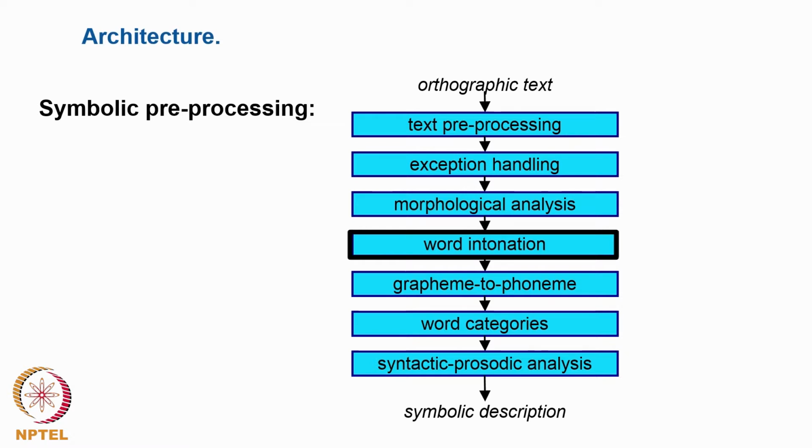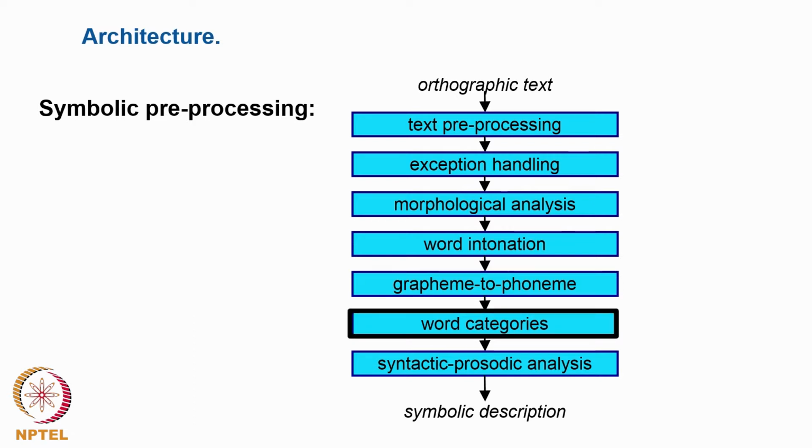This decomposition also helps in the finding of the right intonation, that is, the accents of the words, so where a word is stressed. And then the individual constituents of the word can be translated from the orthographic transcription, from the so-called graphemes, to the sound description, to the so-called phonemes, which constitute the pronunciation of the words.